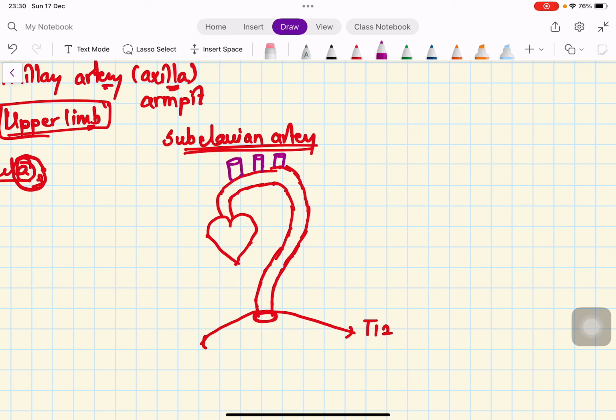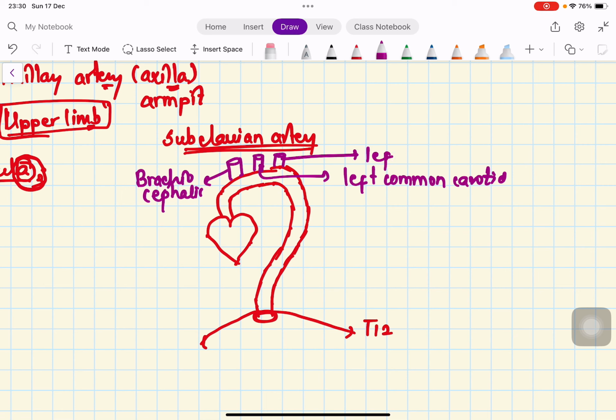So let's write the names. This is the brachiocephalic, this is the left common carotid, and this is the left subclavian.